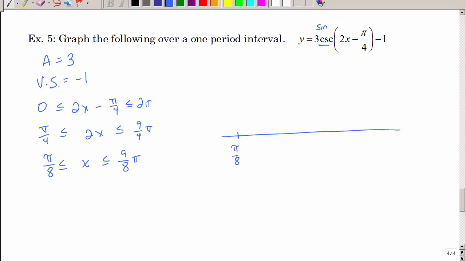Again, I'm going to start with my beginning, have my end, figure out the middles. So that's going to be 5/8, this is 3/8, and that's 7/8.